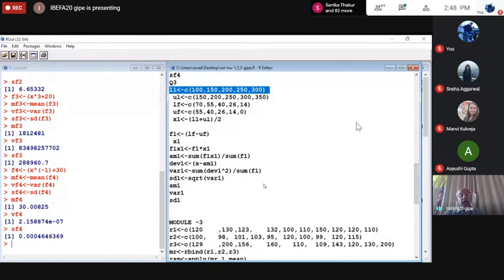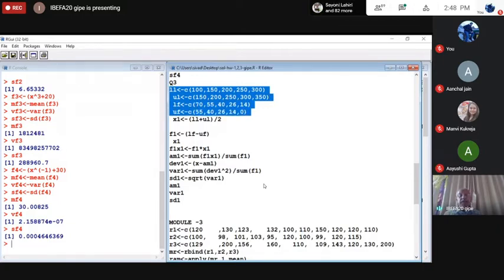Upper values are 150, 200, 250, 300, 350. Lower frequencies 70, 55, 40, 26, 15. Upper frequencies 55, 40, 26, 14, 0. From this class, you have the midpoint and the frequency.